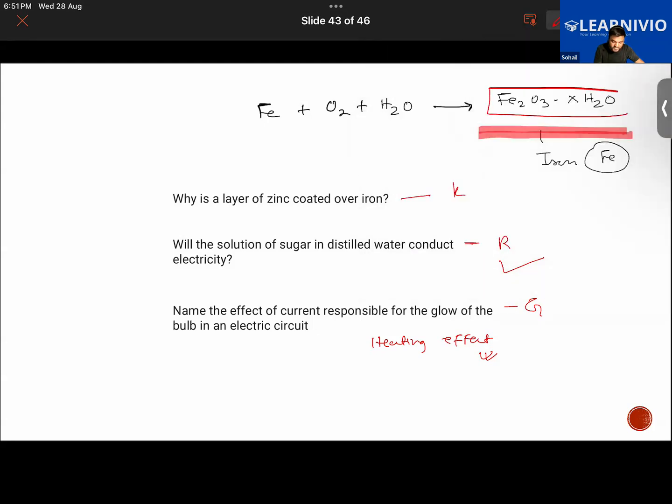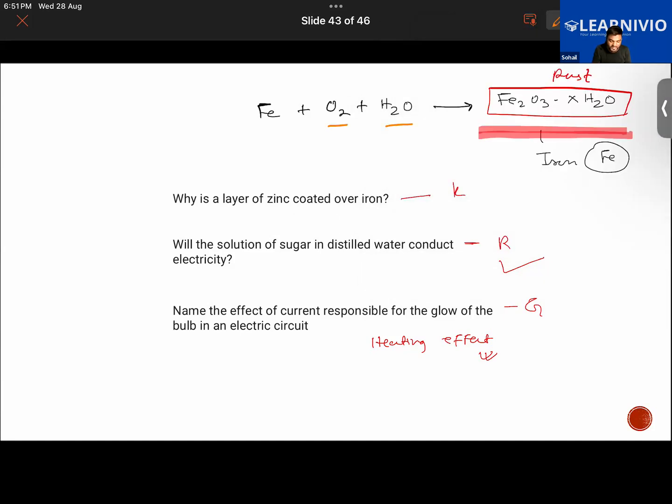That brown structure that you see over old iron gates or old iron objects, that rust is basically iron oxide. Iron will eventually react with oxygen and water when it is left in the open, if it is not painted or covered with a layer of zinc or another less reactive metal. Iron is very reactive. It will react with oxygen and water.